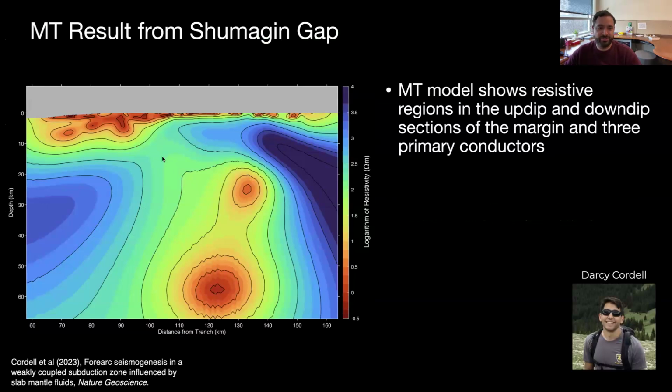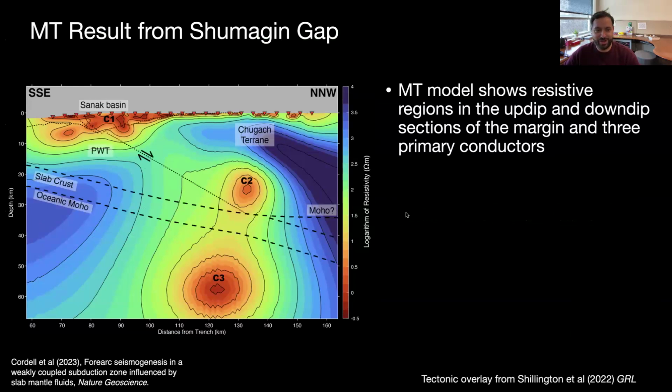All right, so this is our inversion result, and if we just show you this inversion result right off the bat, it looks like giant blobs, and it's hard to understand what might be going on. This is why it's very valuable to be able to draw on where the plate interface is, what the architecture is, derived from active source seismic imaging. So you can see here, this is approximately where the plate interface is.